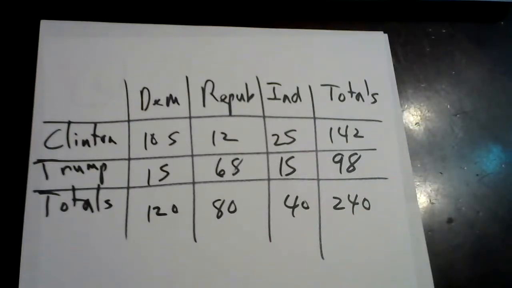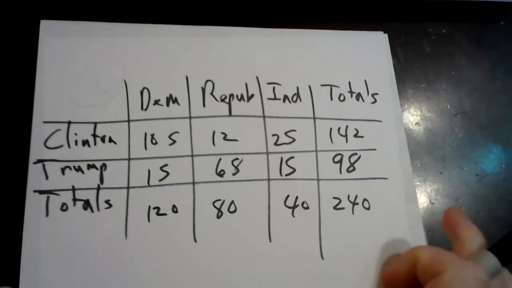It says, the Political Action Club has surveyed 240 students on your campus regarding the relationship between their political affiliation and their preference in the 2016 presidential election. The results are given in the following table. If a student is selected at random, find the probability the student is a Democrat given that they preferred Trump.